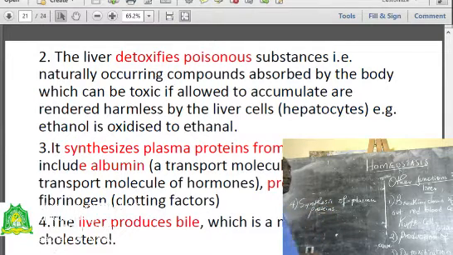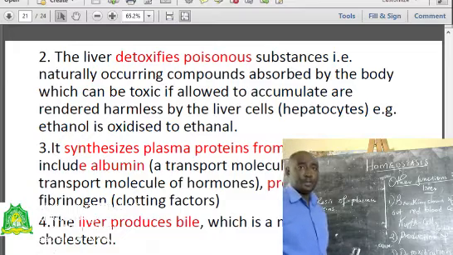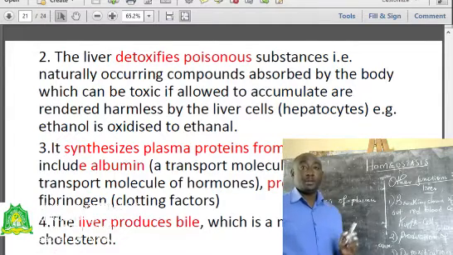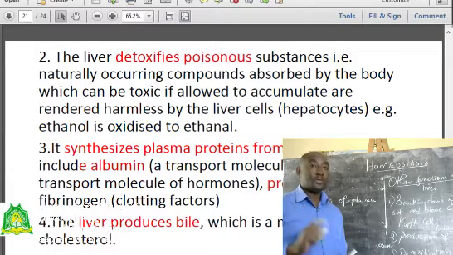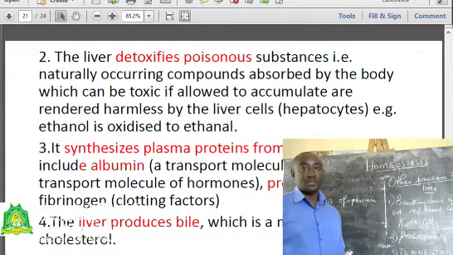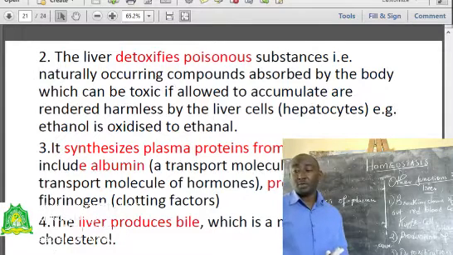What is the importance of these plasma proteins? Their importance is maintaining osmotic pressure of blood. We know very well that one of the major factors that allows the maintenance of the osmotic pressure of blood is the mineral salts, the sodium, the chlorides, the potassiums, and so on. But also these plasma proteins are important.